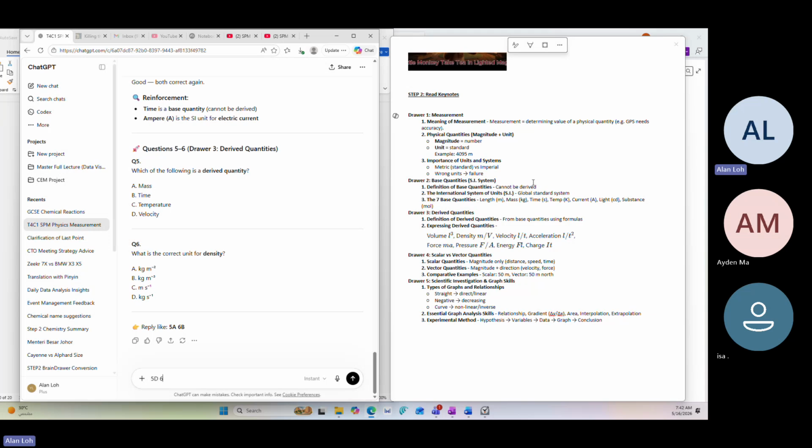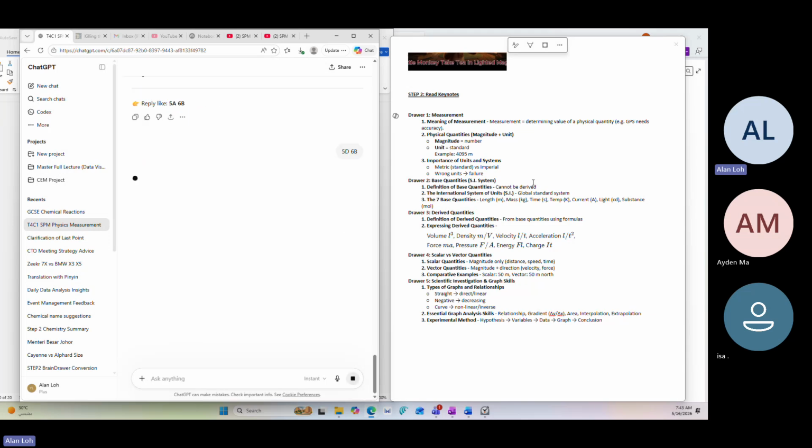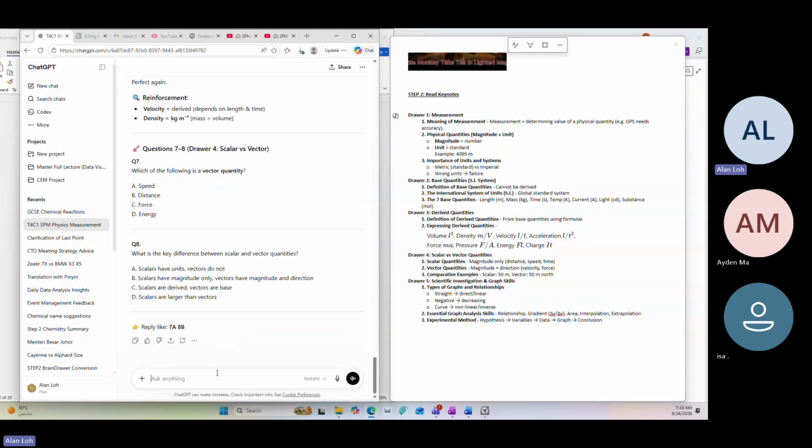Give a wild guess if you do not know. Then we'll ask the AI to tell us the right answer. B. Okay, me too. Let's see. Right? Excellent. Density is mass divided by volume.